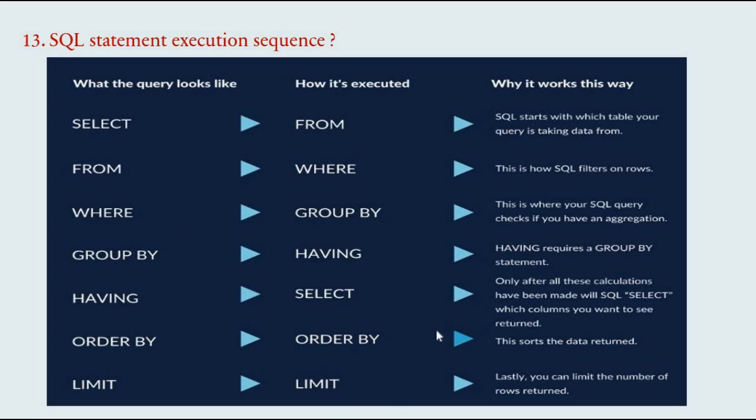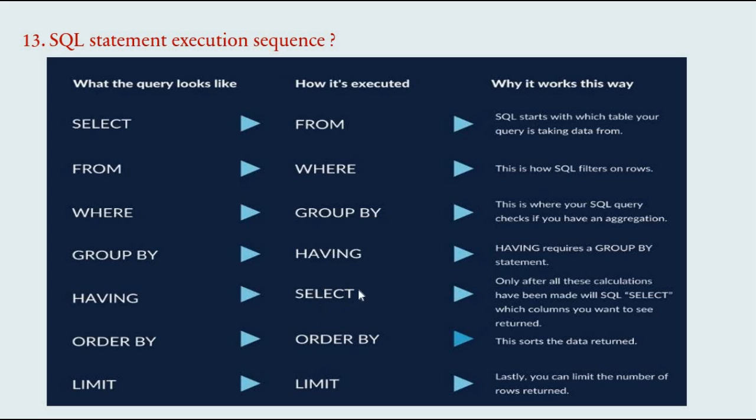But internally, how Oracle performs the query execution is, it starts from the from clause, it checks the table from where we need to fetch the data, then it applies the filters on the rows, and then in the group by, this is where the SQL query checks if you have an aggregation function, and then the having clause will be used. So having requires a group by statement. Having is applied on top of the group by clause.